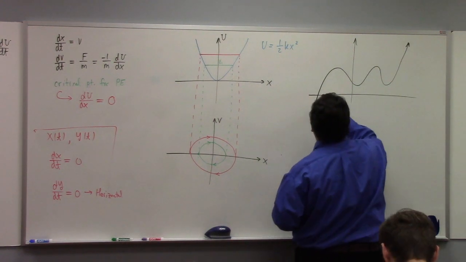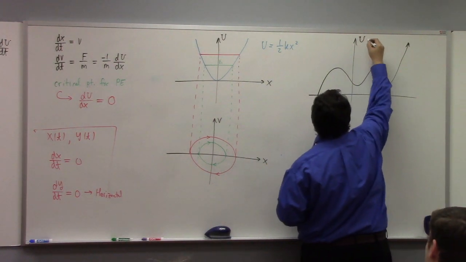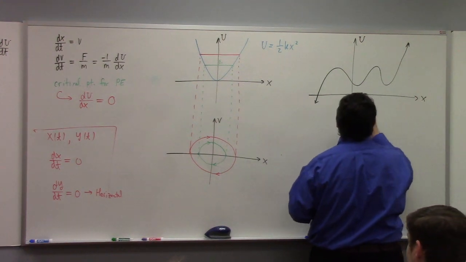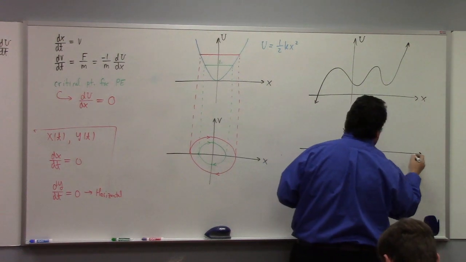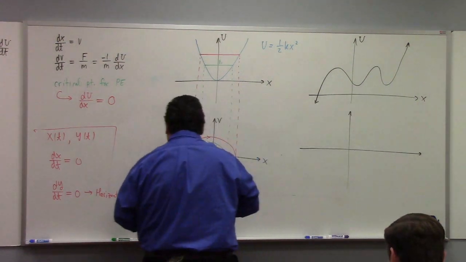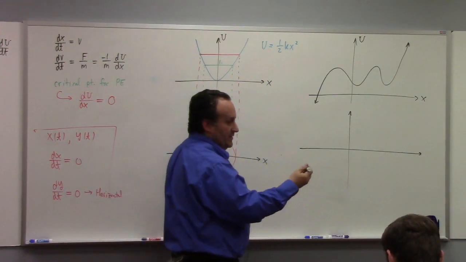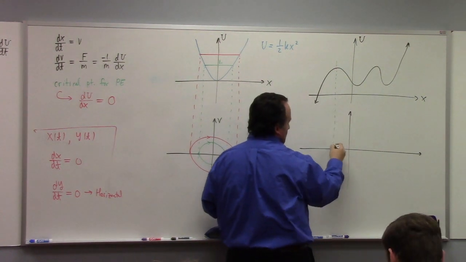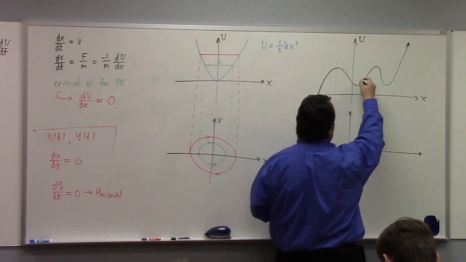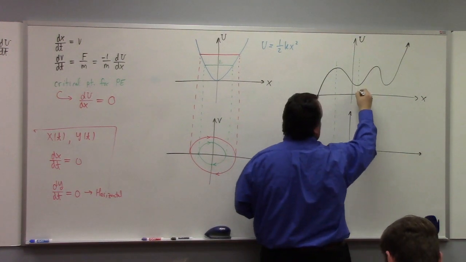There you go. Here's a potential energy diagram. All right. And let's sketch the phase plane. So, rules of thumb, you need horizontal tangents wherever you have critical points. So I'm just going to mark these, these are my critical points, right?